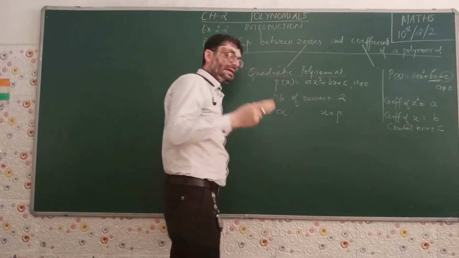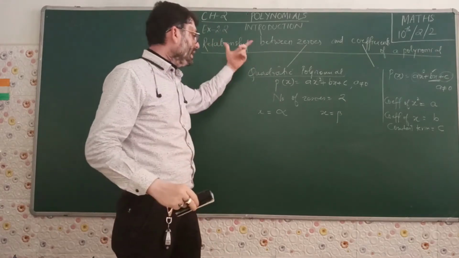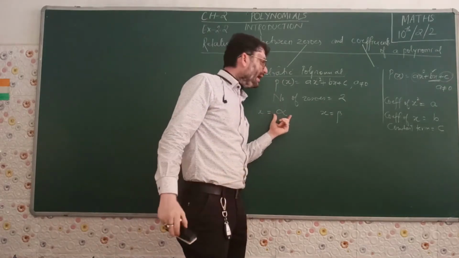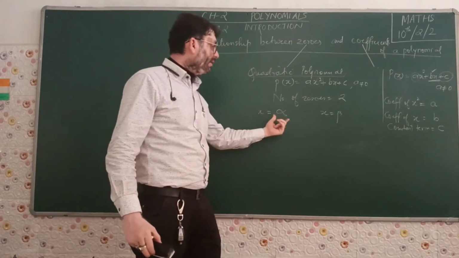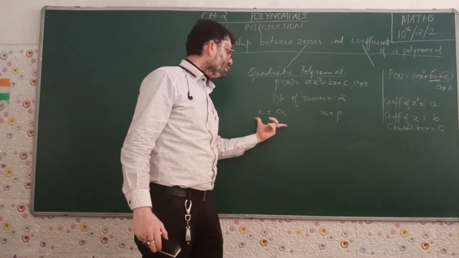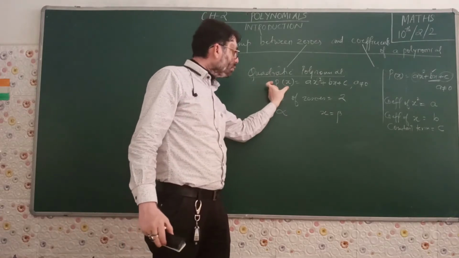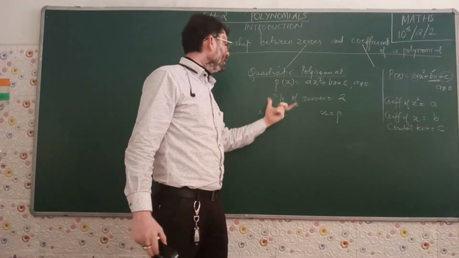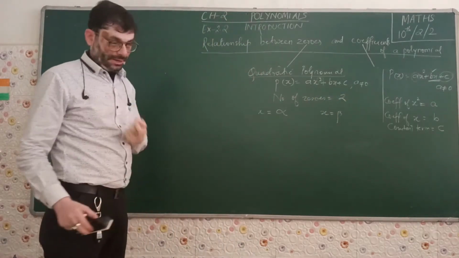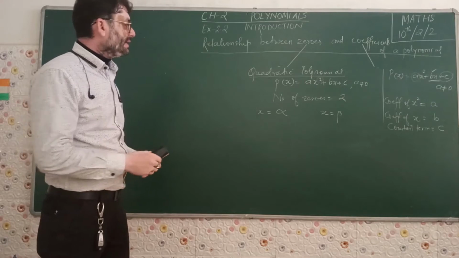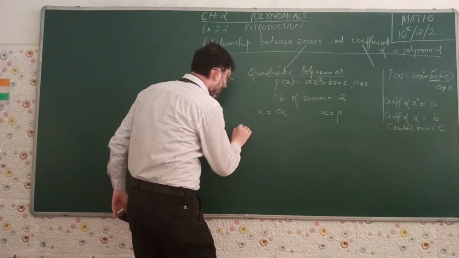That means it has 2 zeros of a polynomial. Let that zero be termed as alpha and the second zero be termed as beta. Alpha and beta are the values of x for which the polynomial p of x becomes 0. That is why they are called the zeros of the polynomial. Now a relationship can be developed here as a sum of zeros.